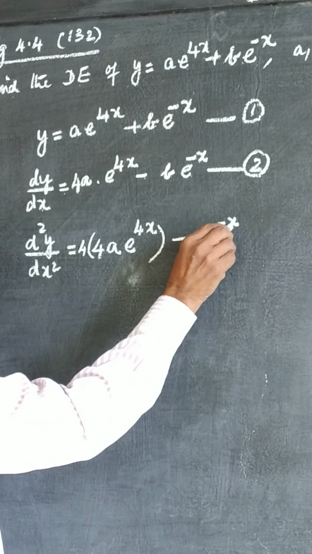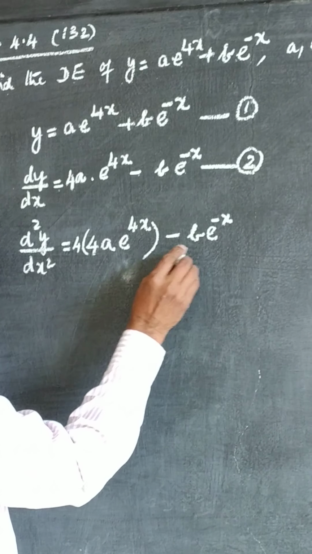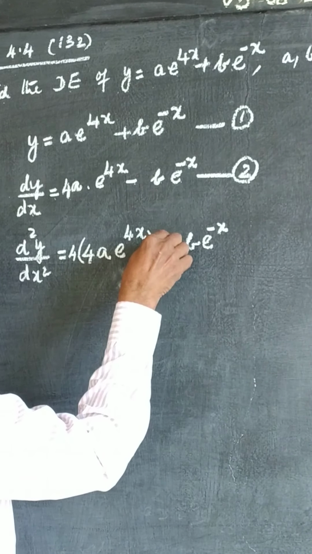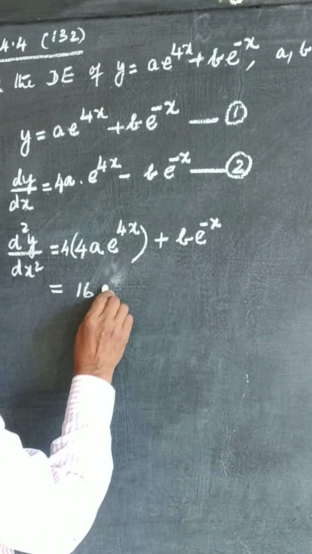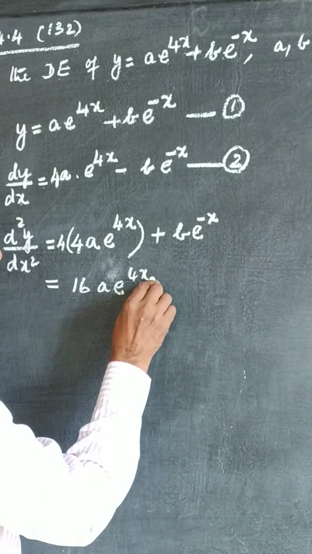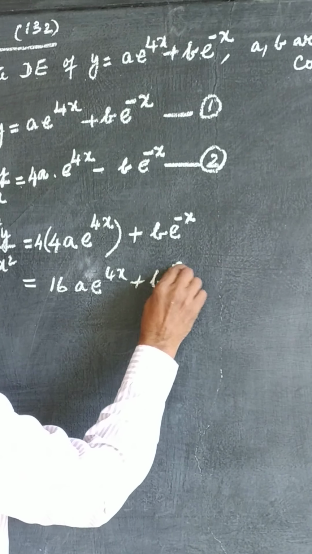Now on differentiating this minus x, you will get one more minus sign, and therefore this becomes plus. Now on simplification, this becomes 16a e power 4x plus b e power minus x.